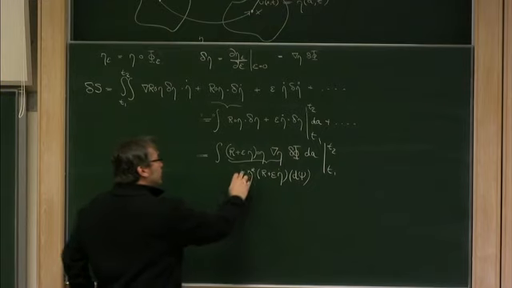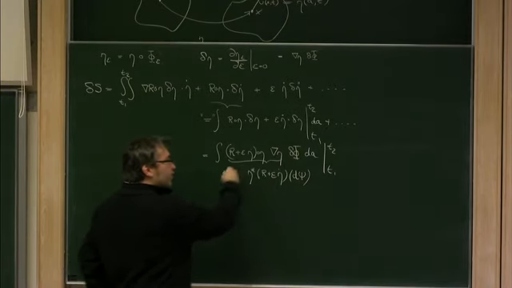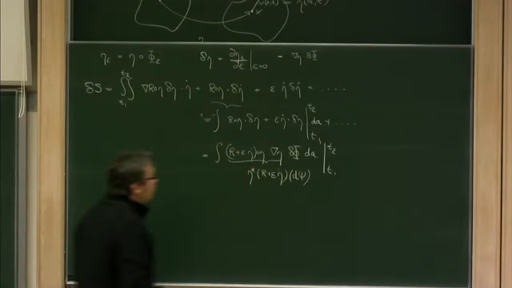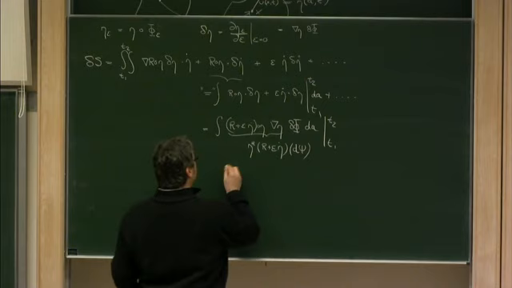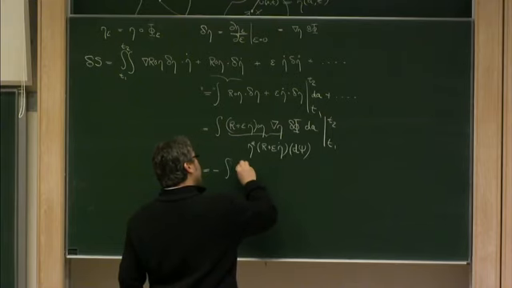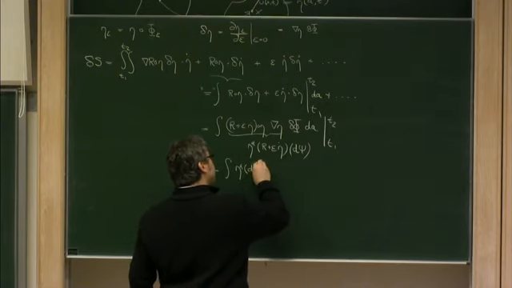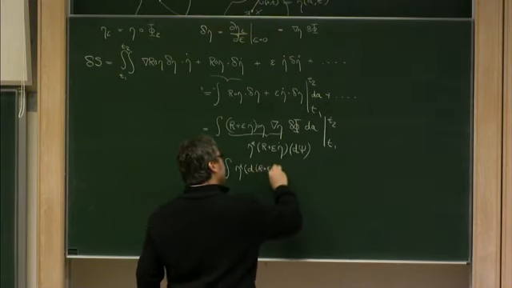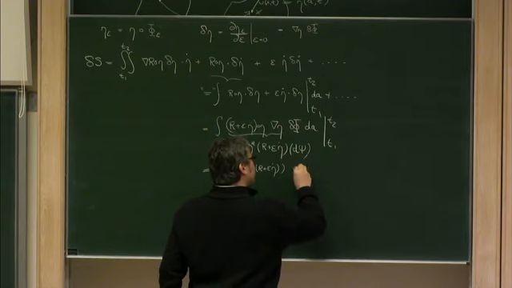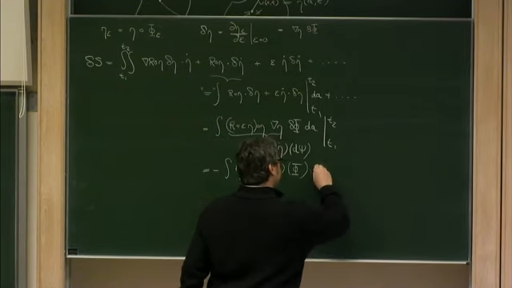So I move the d onto this term, and now I use the fact that pullback and exterior derivative commute. So what I get is that this is minus the pullback of d of r plus epsilon eta dot acting on psi.